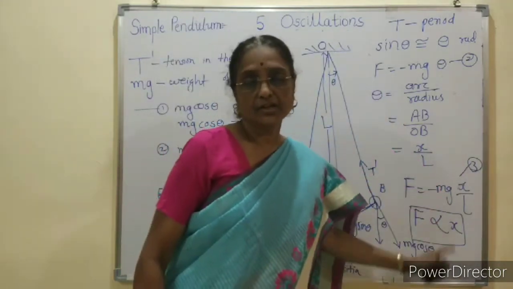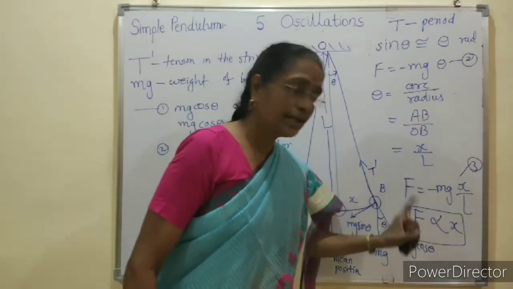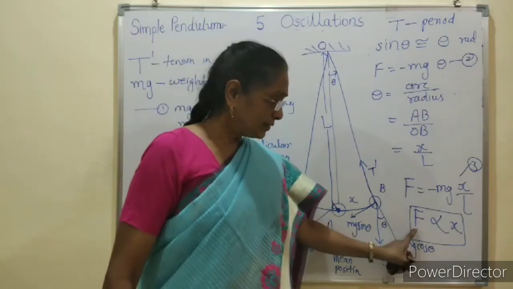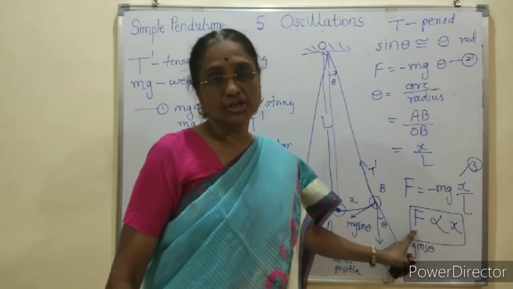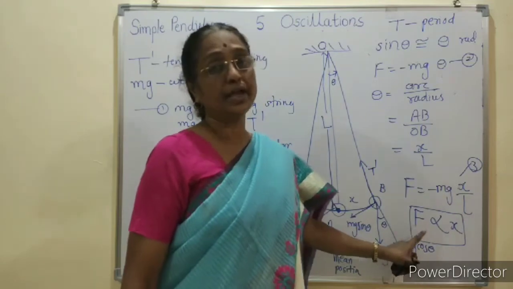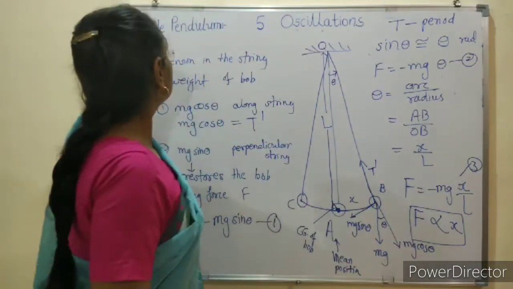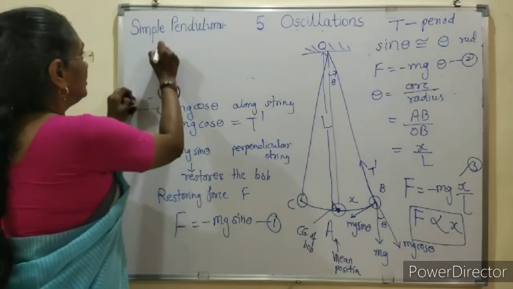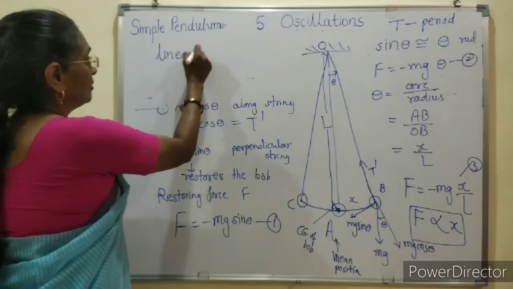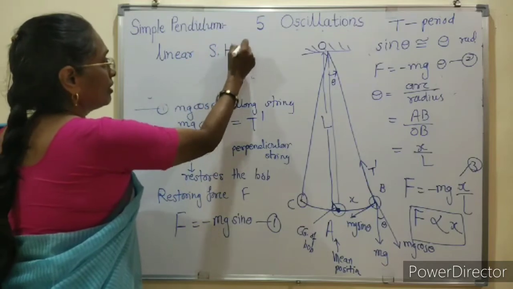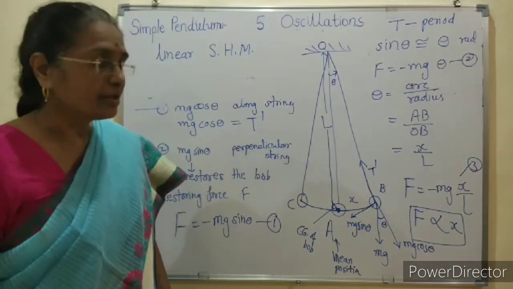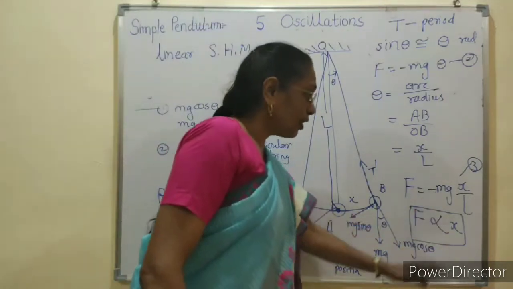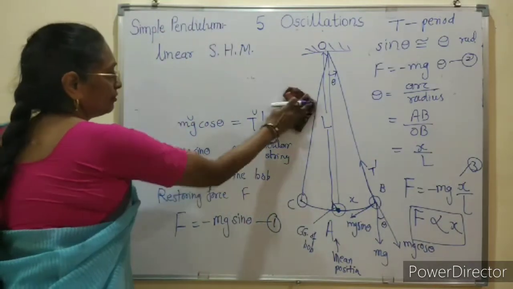Negative sign indicates the directions of x and F are opposite. So this condition proves that the motion of simple pendulum is linear simple harmonic motion.